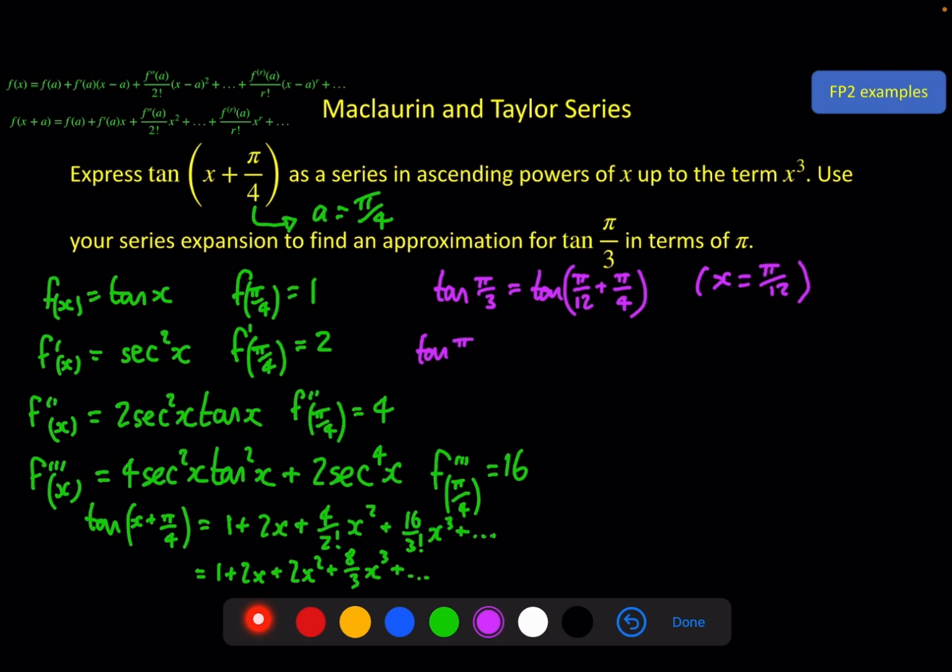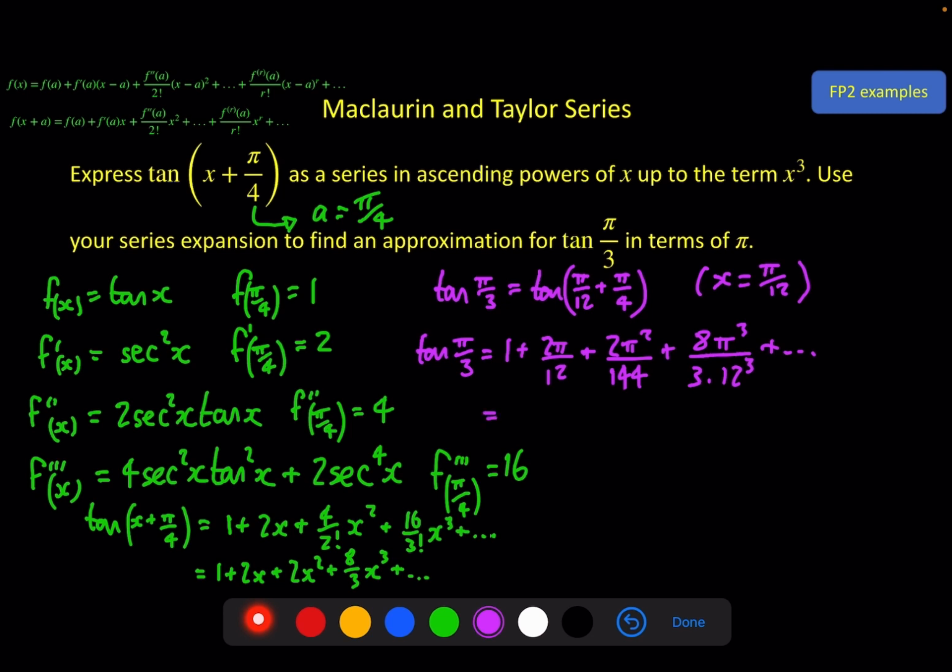So then I can use this expansion. Knowing that x is pi by 12, we put it in here, here, and here, and that gives us 1 plus 2 times pi by 12 plus 2 times pi squared over 12 squared, which is 144, plus 8 pi cubed over 3 times whatever 12 cubed is, plus dot dot dot.